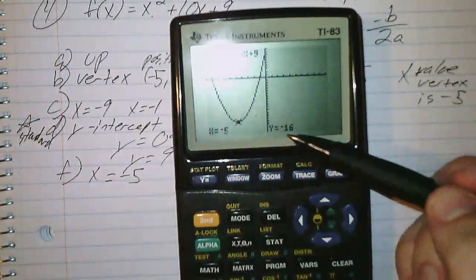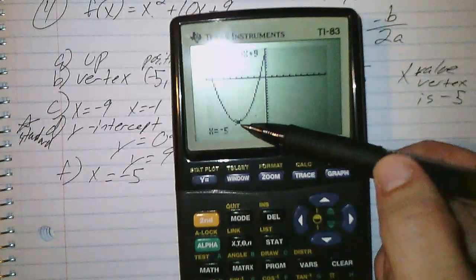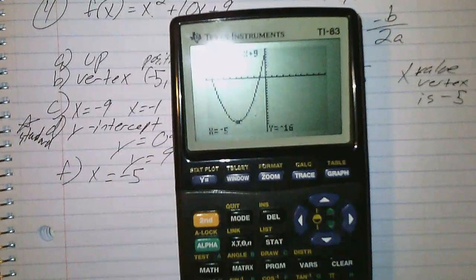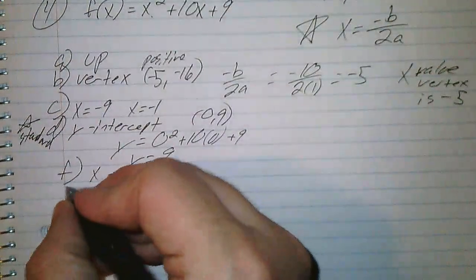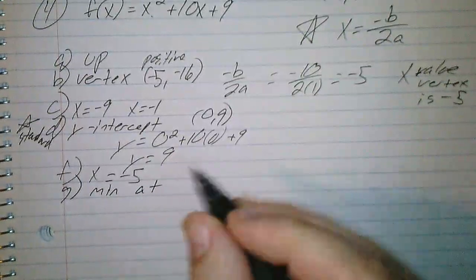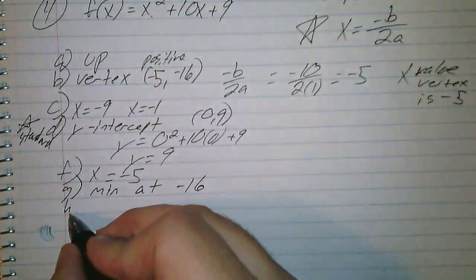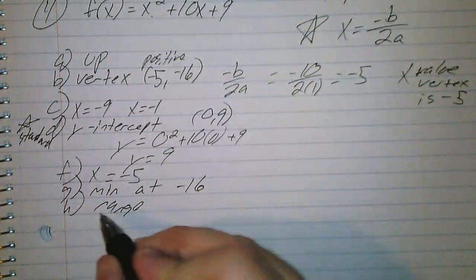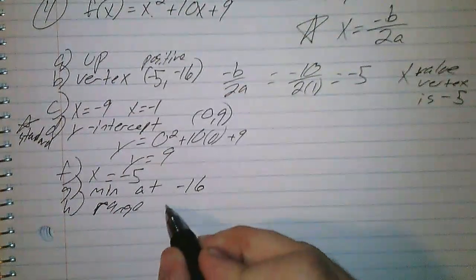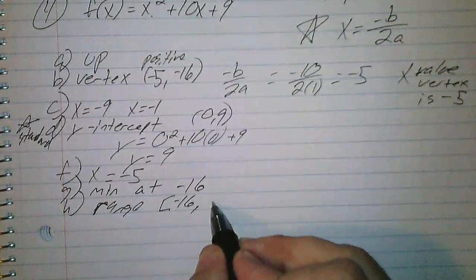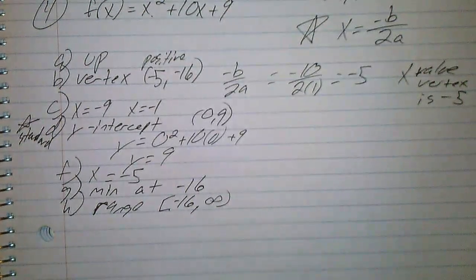And then the range will be -16 with a bracket up to infinity. So minimum value at -16. Domain is always negative to positive infinity, but the range is the minimum value, and we're opening upwards, so towards infinity.